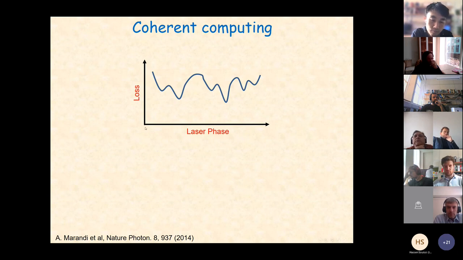The idea is that you have many physical parameters. In our case, this would be the laser phase, and they correspond not to the energy of the system, as sometimes in non-Hamiltonian systems, but actually to the loss. Coupled lasers know how to minimize the loss by mode competition, and this is a very effective process.